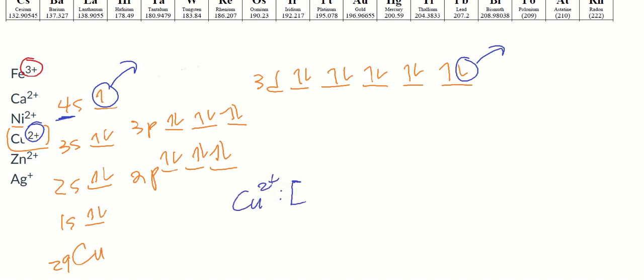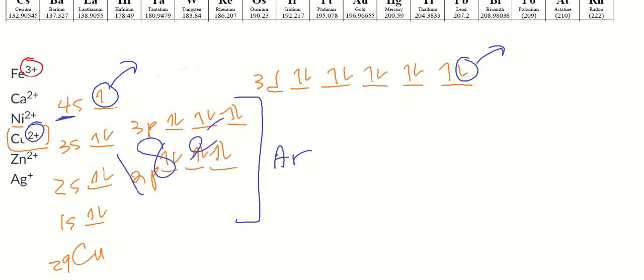For the 2+ ion, sorry, I forgot to do the electron configuration for the iron 3+. I'll do that after. Give myself a little bit more room. So this is all represented by the previous noble gas, which is argon. There's 18 electrons here, which is the electron configuration of argon.